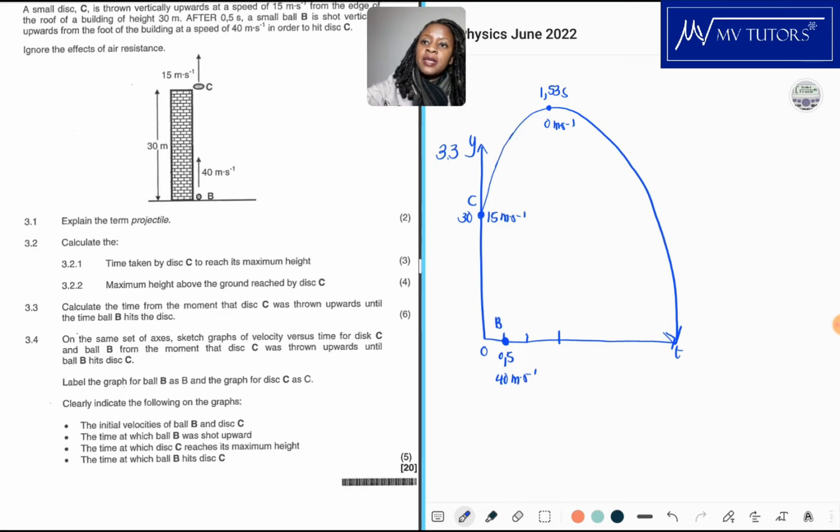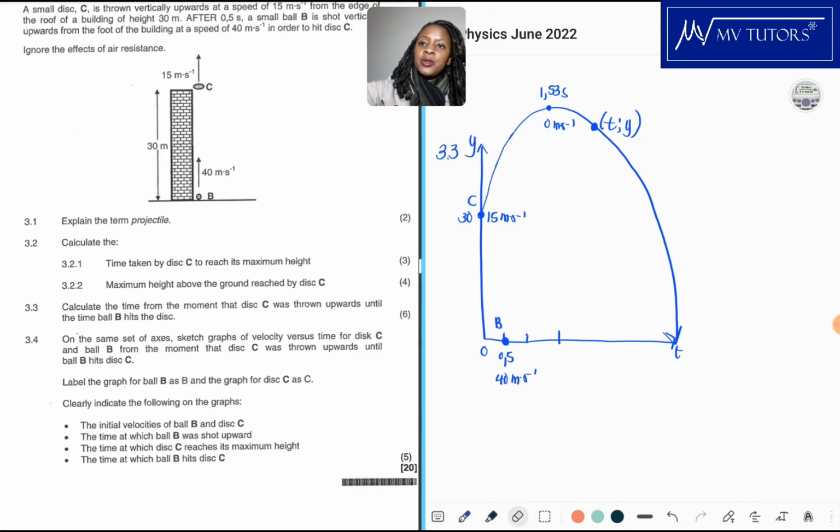I'm going to assume that ball B actually shot at disk C somewhere after disk C had already started going down. It had already reached its maximum height and now it's on its way down. Okay, and at this point, we really don't know what the time is, nor do we know what the height is.